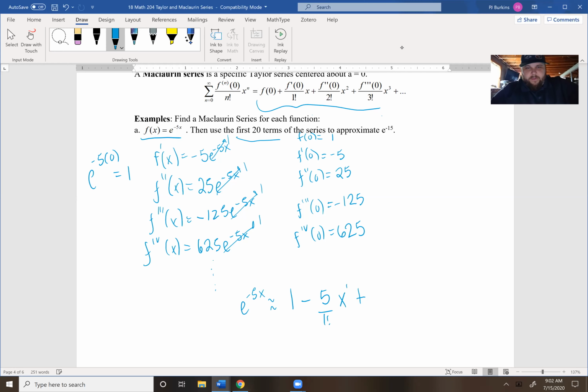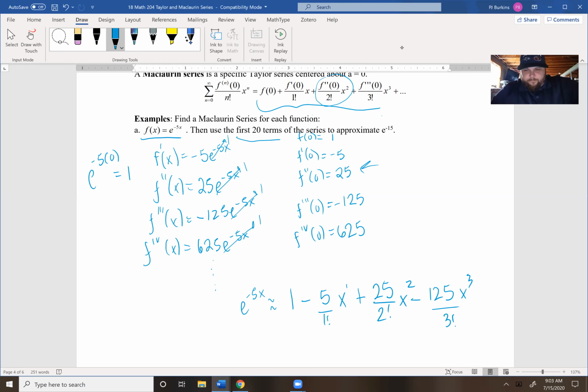The next term is f double prime, which is 25, divided by 2 factorial times x squared. The next term is minus 125 times x cubed over 3 factorial.